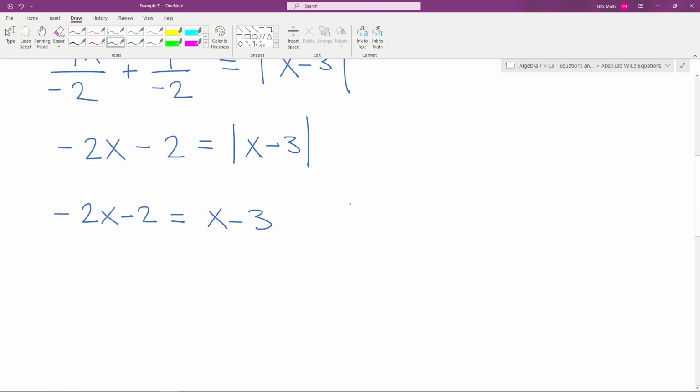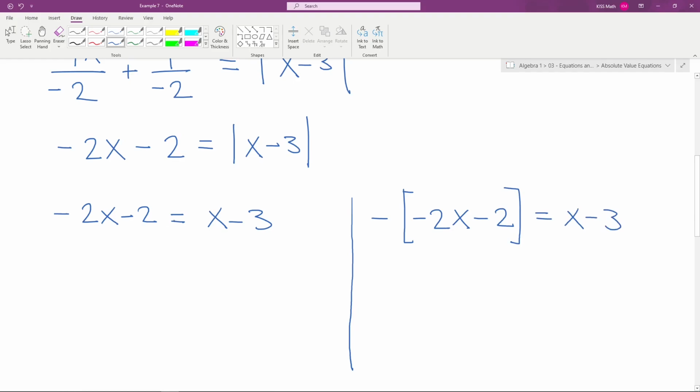And then my second equation, it'll be the negative version of that. So negative 2x minus 2, and that equals x minus 3.